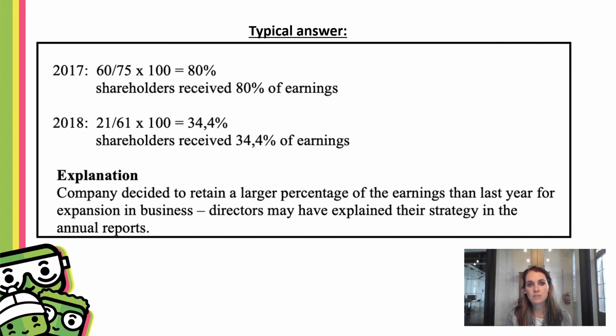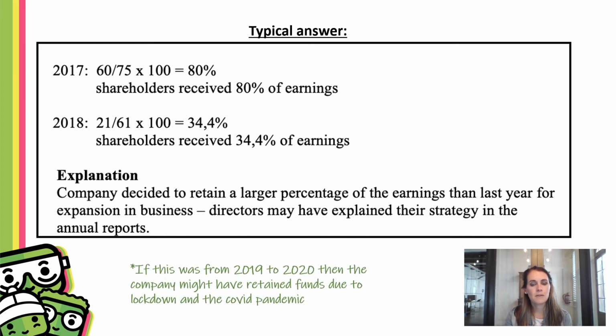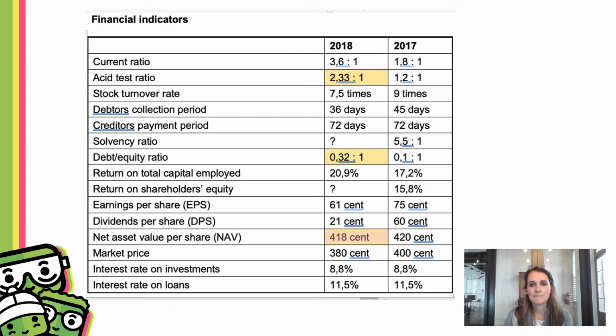We will have to say, due to the COVID pandemic and lockdown, companies had to decrease the funds that they paid out to the shareholders in order to survive. So it's very important. It wasn't in the past, but now it's extremely important to look at the year of the financial statements. Right, so there it is. If this was from 2019 to 2020, the company might have retained funds due to lockdown and COVID. So please keep that in mind.